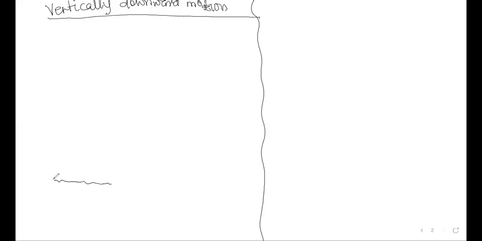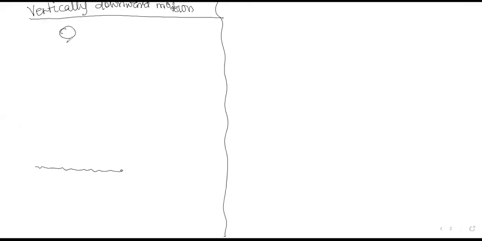The ground is here. There is an object here, either a mango hanging on a tree or a coconut hanging on a stalk, then falling to the ground. This is the vertical height from where the object hangs to the ground, the earth surface. So the object is here and it is falling through a height h.